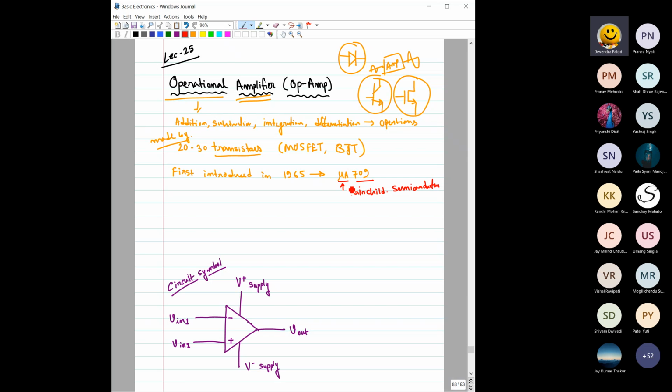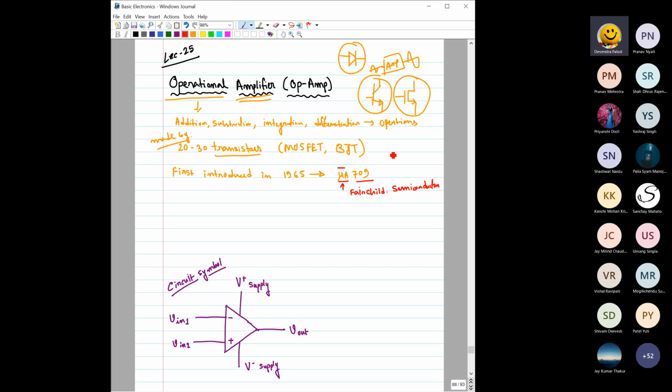This is the general convention: the first two letters stand for the company name, followed by the name of the IC.